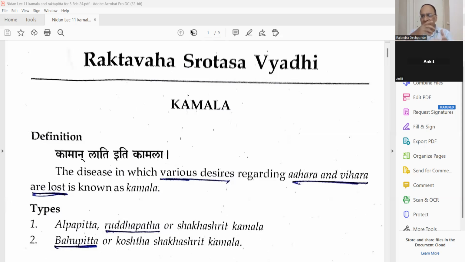Parinamana is also a transformation process with the help of Jatragni and Dhatvagni. Vahana, transportation of the Poshaka Ansha. And Utsarjana, removing of the waste product. So these are the important functions of Srotasas.